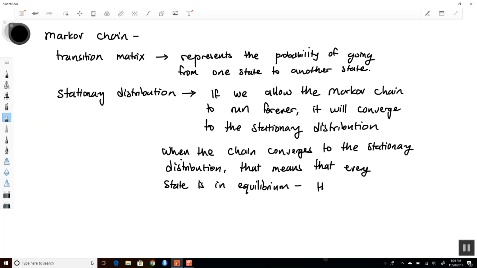So the amount coming into the state, the amount transitioning to that state, equals the amount transitioning away from the state.